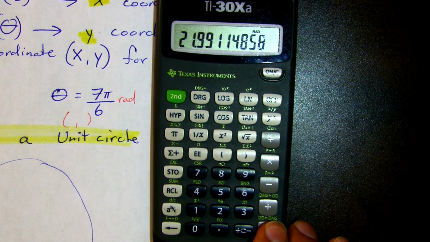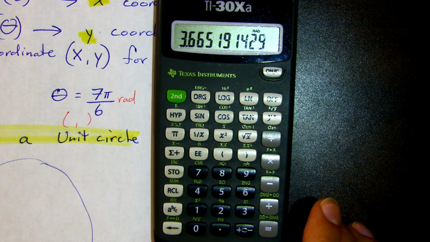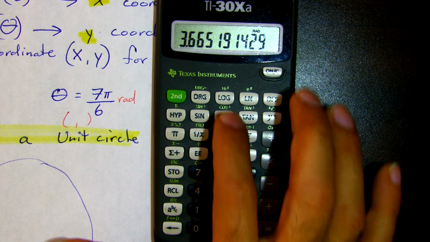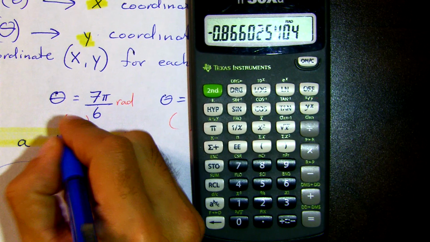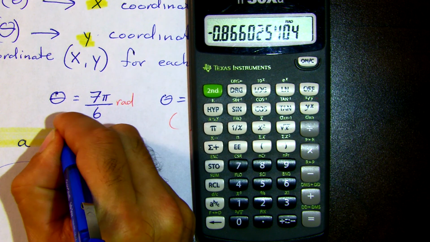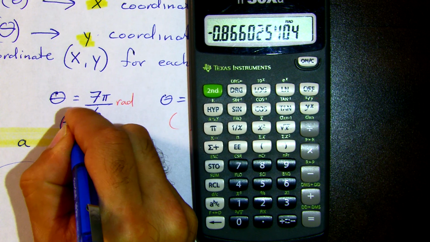And then I divide by 6, and then I push cosine. And what do we get? Negative 0.877.